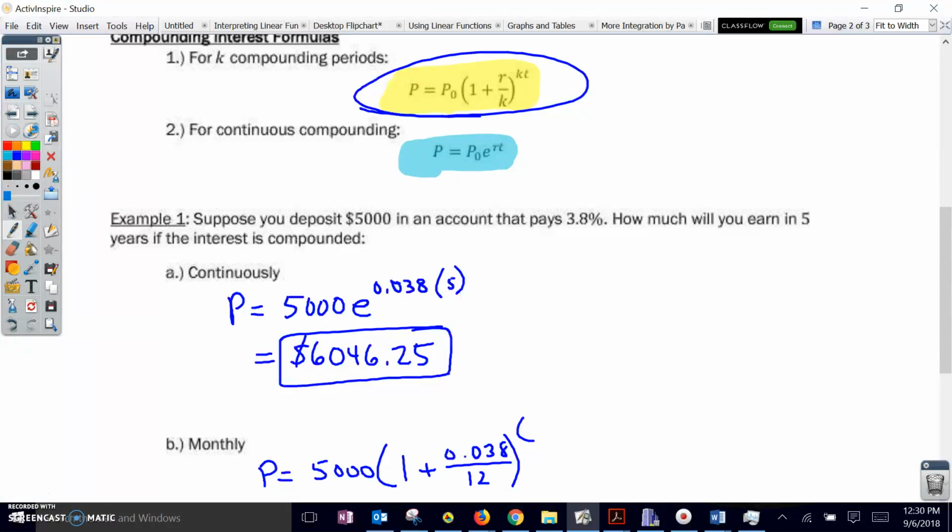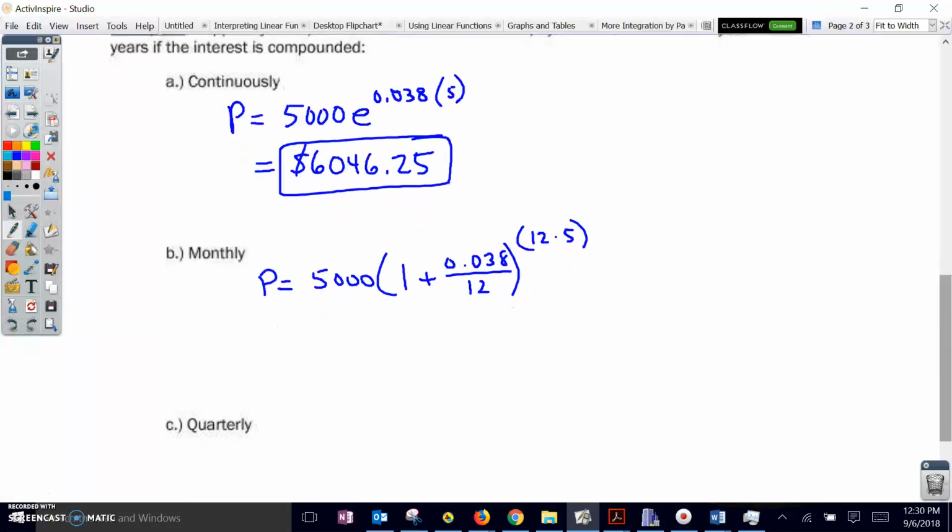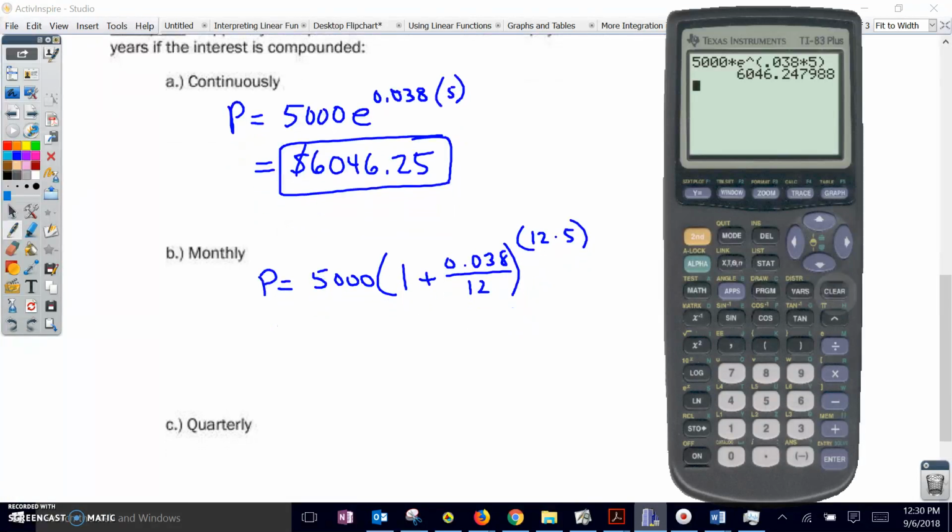And the number of compounding periods is 12, and the number of years is 5. And once again, I have this set up, and now I'm just going to turn to my handy-dandy calculator, and I'm going to take 5,000 times quantity 1 plus 0.038 over 12 raised to the 12 times 5 power, and we should have $6,044.43.